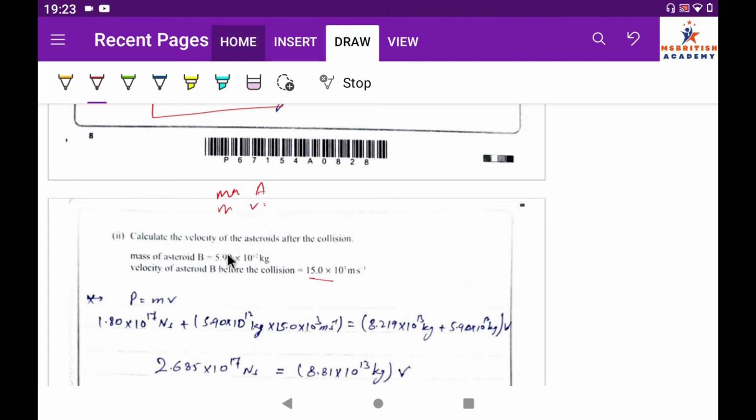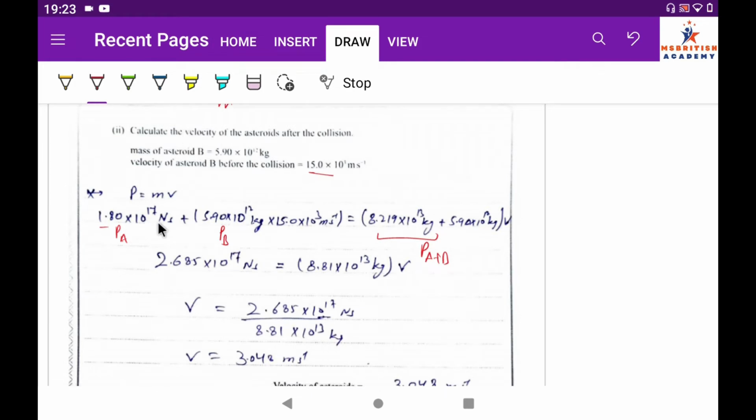So what we can do here, we can conserve the momentum before the collision and after the collision. Before the collision, this was the momentum of A and this was the momentum of asteroid B, and this is the total momentum of A and B. After calculating these two, we will get 2.685 × 10⁻²⁰ newton second, and after calculating the two masses we will get this.